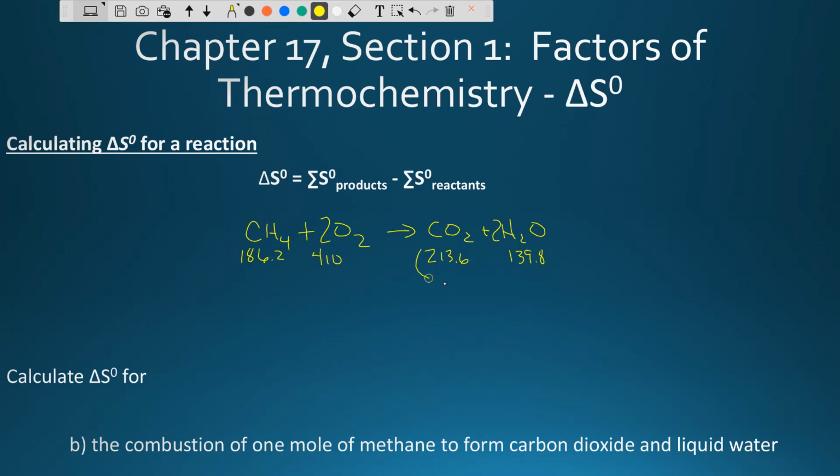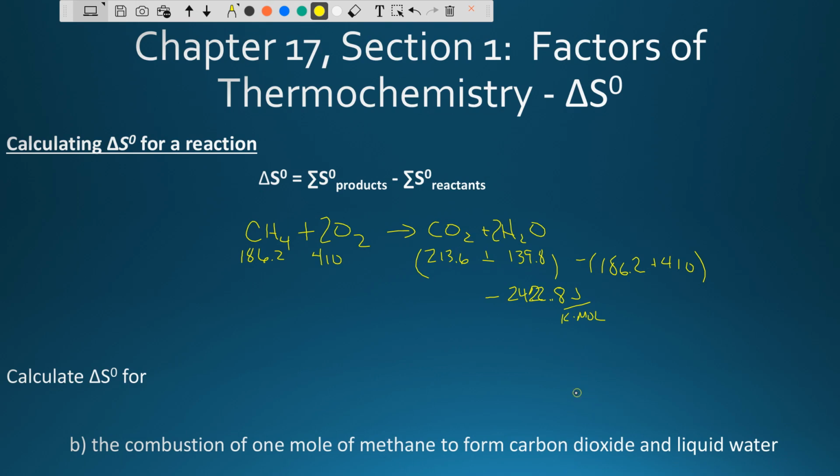Okay, so I take this side, add that up, and I subtract off my 186.2 minus my 410, and so I'll end up with an answer of negative 242.8 joules per mole times Kelvin.